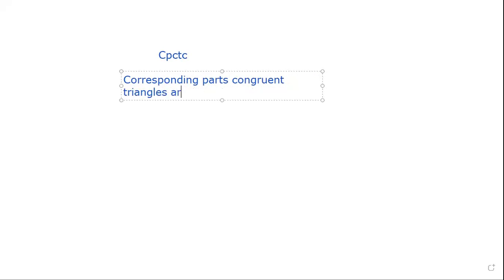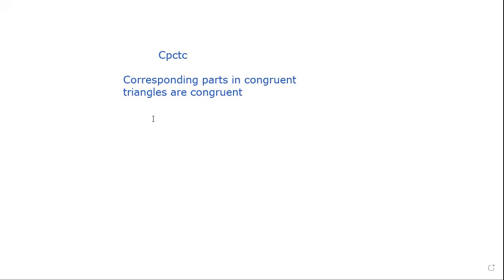Then CPCTC means corresponding parts in congruent triangles are congruent, which means when we have two congruent triangles, each two corresponding sides are equal in length and each two corresponding angles are equal in measure.